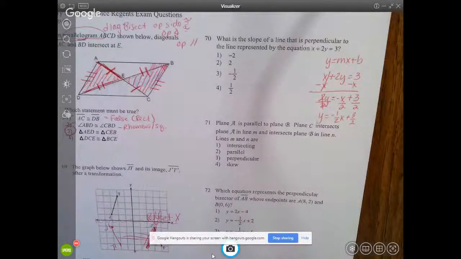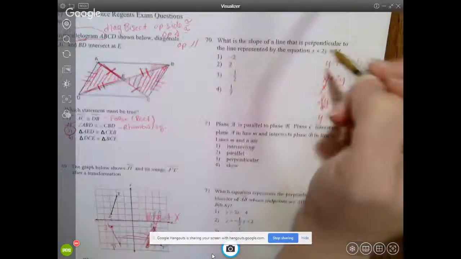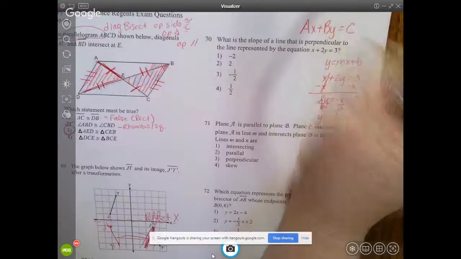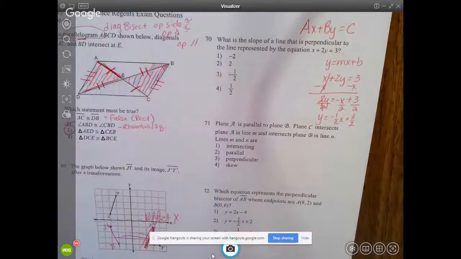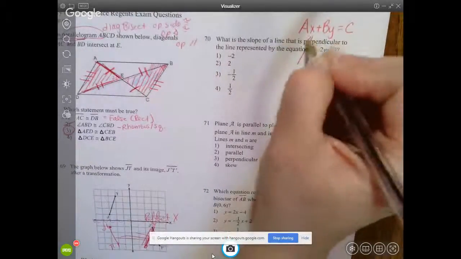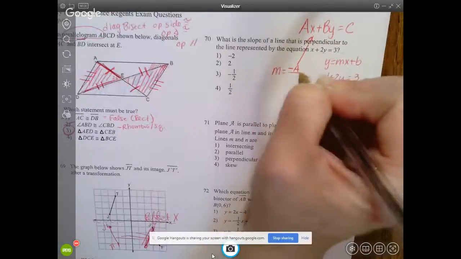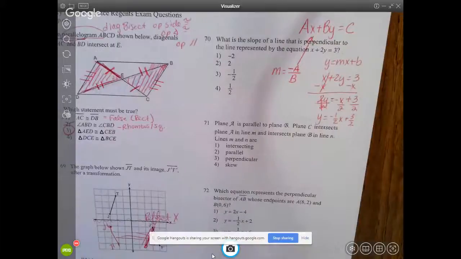But there's another way I really didn't show you. And so I'm going to show this to you right now. It's not an Eric hack. It's like a real geometry way to do it. This formula here, the x plus 2y, is really Ax plus By equals C. And you have seen this before. What I didn't show you is that the way that you get the slope from here is you take the opposite of the A and you divide it by whatever B is.